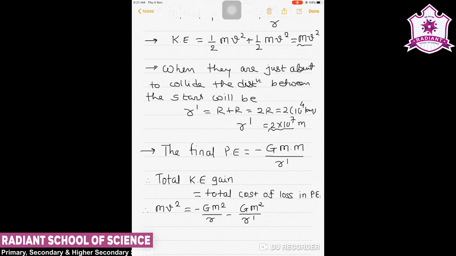Now this equation will be positive because minus minus will be plus. Now we can take GM square as a common and simplify the term.